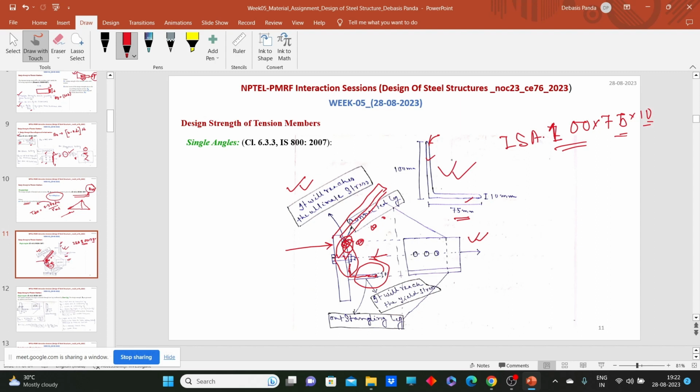My connected leg will reach the ultimate strength, but my outstanding leg will reach only the yield strength, because neither is direct load applied on this outstanding leg, nor are any holes made on this leg.